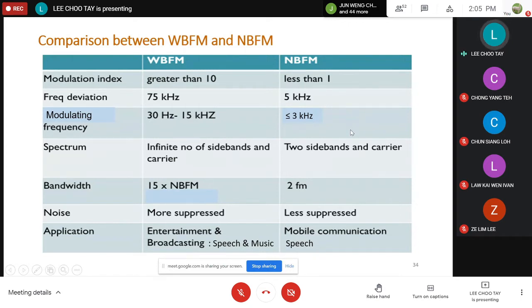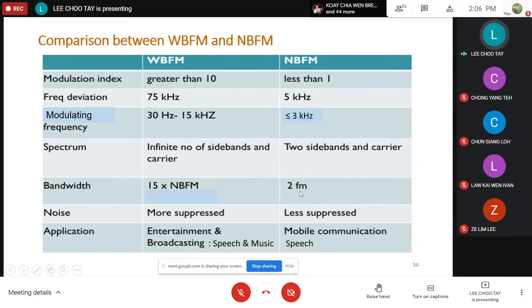And then for bandwidth, as the name wideband FM suggests, wideband FM normally has very wide bandwidth, which can be up to 15 times the bandwidth of a narrowband FM. Whereas the narrowband FM bandwidth is similar to the double sideband full carrier bandwidth of 2 fm, where fm is the highest modulating signal frequency.